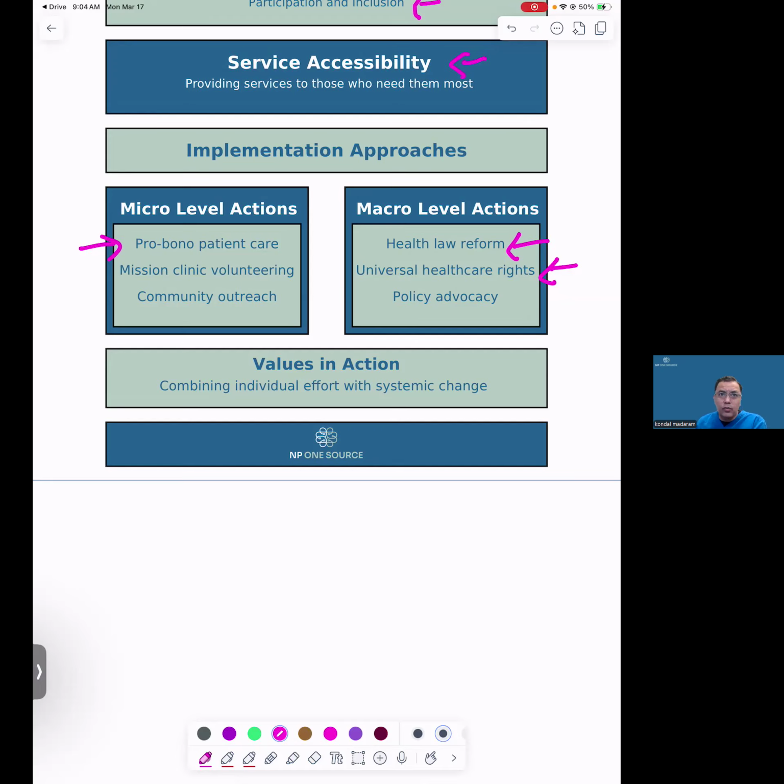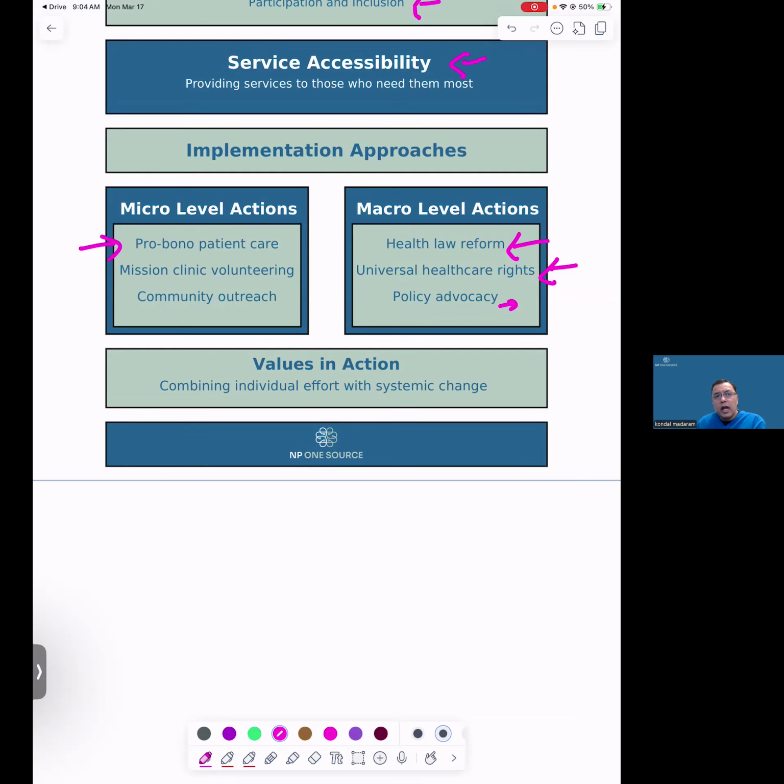So there is some thought of moving towards that. Policy advocacy means lobbying for Medicaid programs, for example, Medicaid expansion to cover low income populations and reduce healthcare disparities.